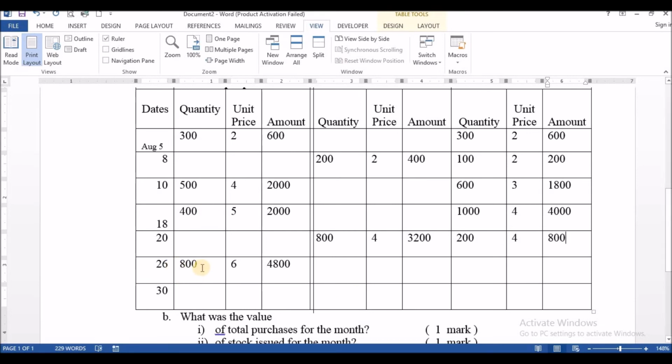On this day, the 26th, we purchased 800 units, so we will now have 1,000. That's the 8. This 200 plus this 800, so that's 1,000. The 6 plus the 4, that's 10. 10 divided by 2, that's 5. So that's $5,000.